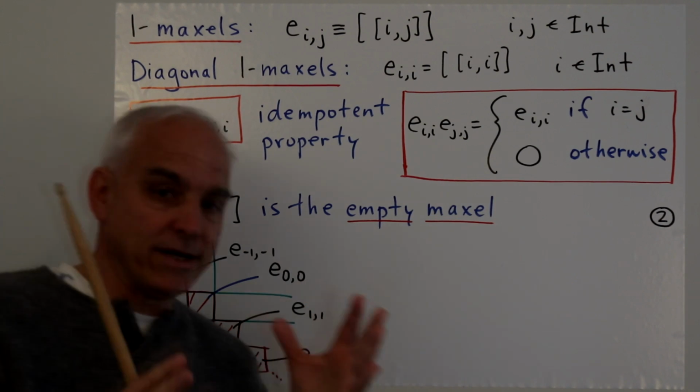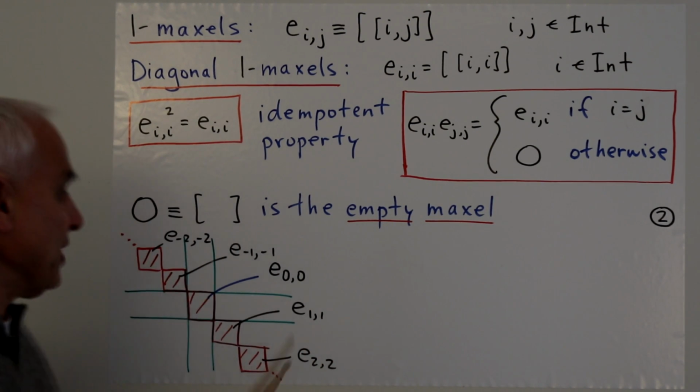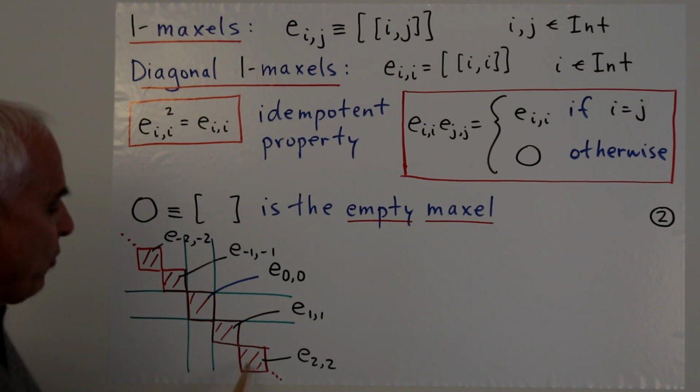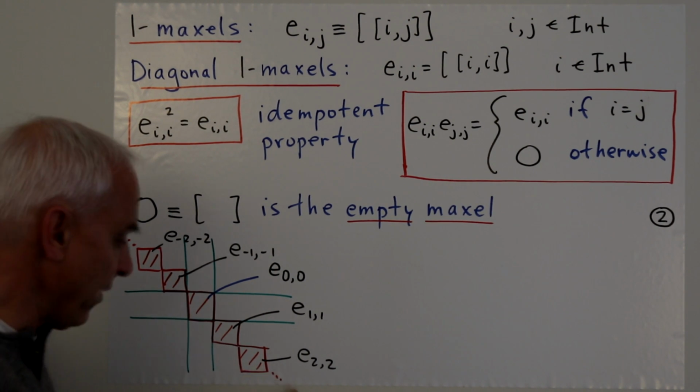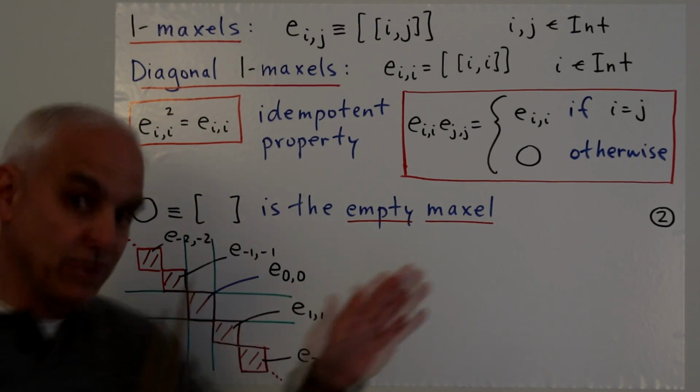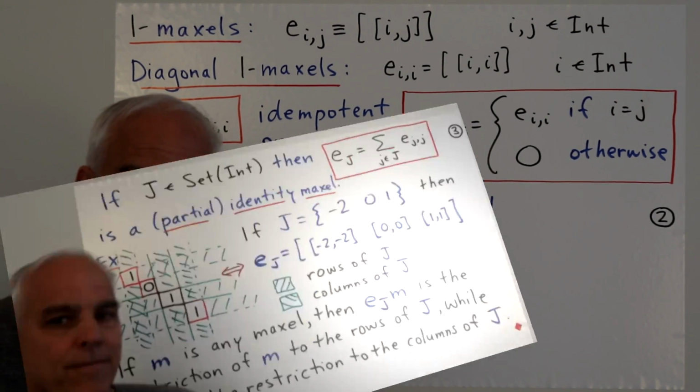So these are kind of units in the world of maxels. And prominently, we can carry on in this direction, or we can carry on in this direction here as well. So there's a two-sided aspect to things.